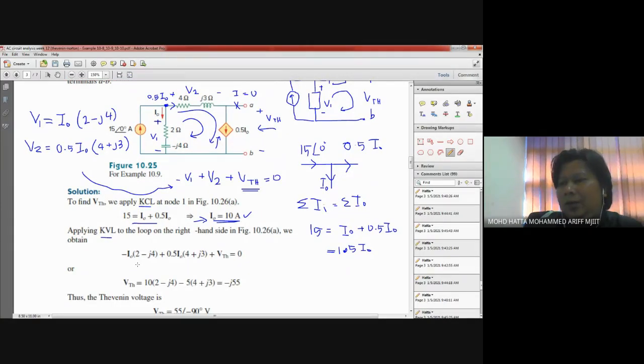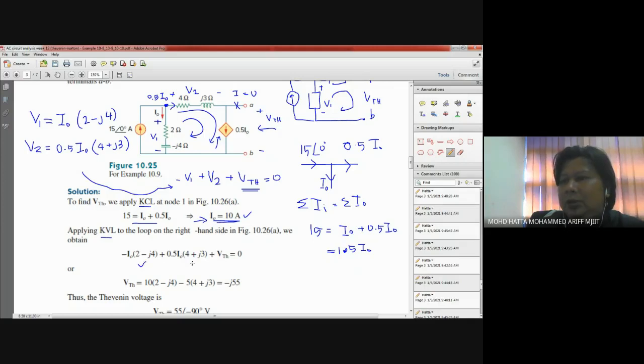If you look here, we have negative IO times 2 minus j4 plus 0.5. Actually, minus IO is coming from here. We have negative V1, and V1 is IO times 2 minus j4. Over here, we have positive V2, and V2 is given by 0.5 IO times 4 plus j3.